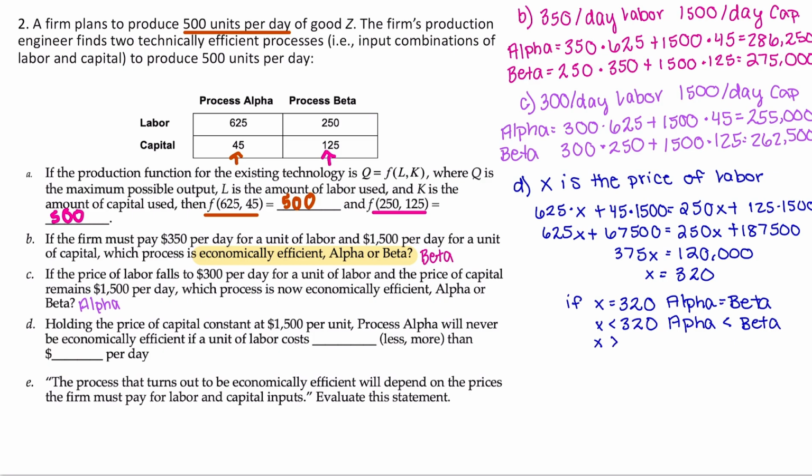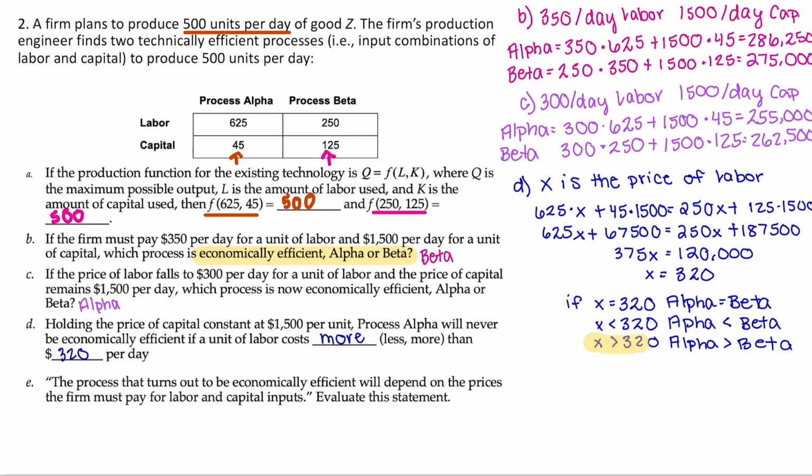If X is greater than 320, alpha is greater than beta. So process alpha will never be economically efficient if a unit of labor costs more than $320 a day.